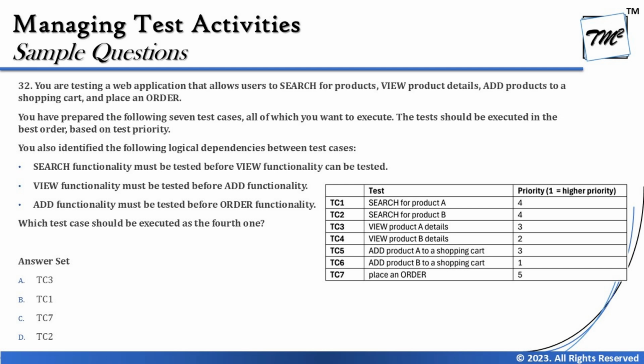Now, given that I have dependency and priority both, I can make some conclusions at this point of time. Number 1, B is on highest priority. That means at any cost, B should be executed first before A. At the same time, they clearly told us that we should follow the sequence search, view, add, and order, right?